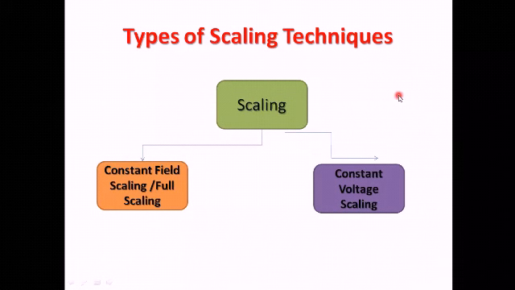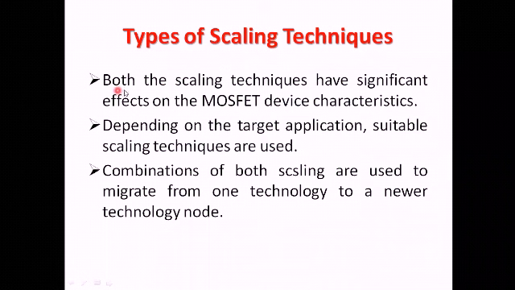Now let us move to the next slide. Both the scaling techniques have significant effects on the MOS device characteristics. Depending on the target application, suitable scaling techniques are used. The use of the constant voltage or the constant field technique is dependent solely on the target application, that is the functions.